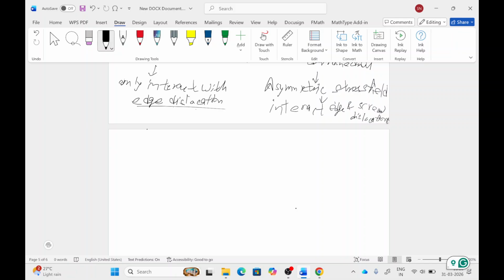If we talk about the stress field tensor for the edge dislocation, it is mentioned as principal stress elements sigma x, sigma xy.